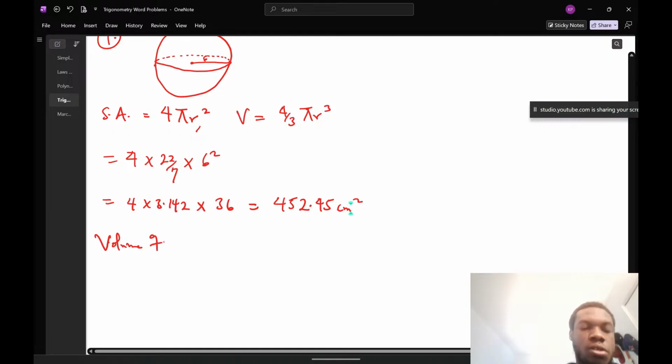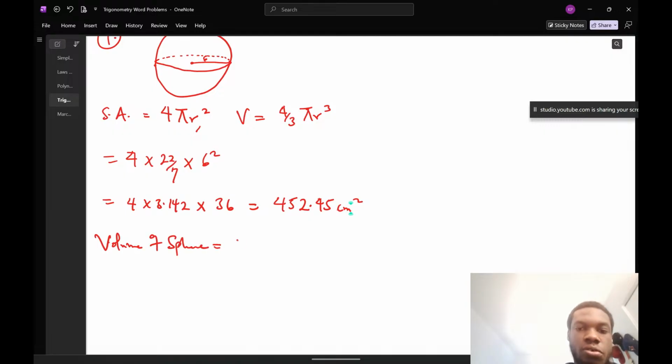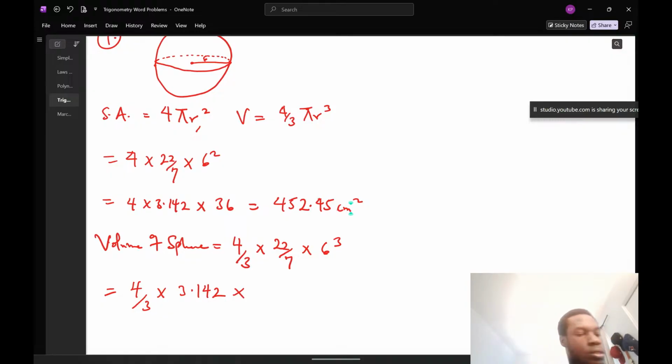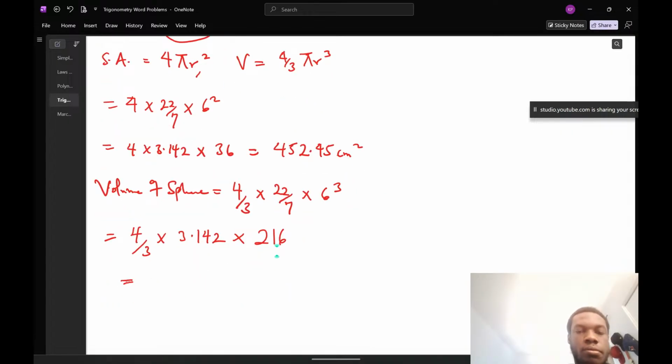If we want to find the volume of the sphere, the volume will be equal to 4 over 3 times 22 over 7 times 6 cubed. So that will be 4 over 3 times 3.142 times 6 cubed. 6 raised to power 3 is equal to 216. 216 divided by 3: 21 divided by 3 is 7, 6 divided by 3 is 2.